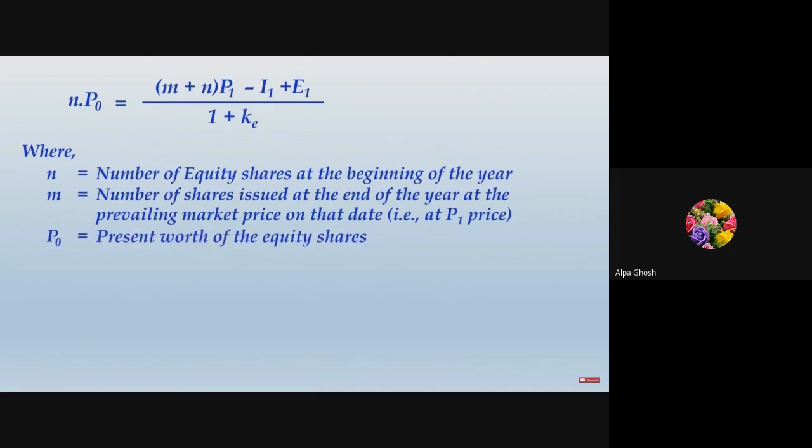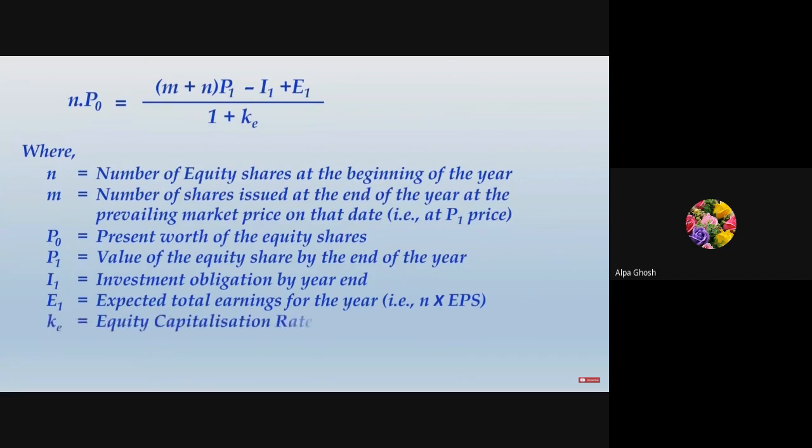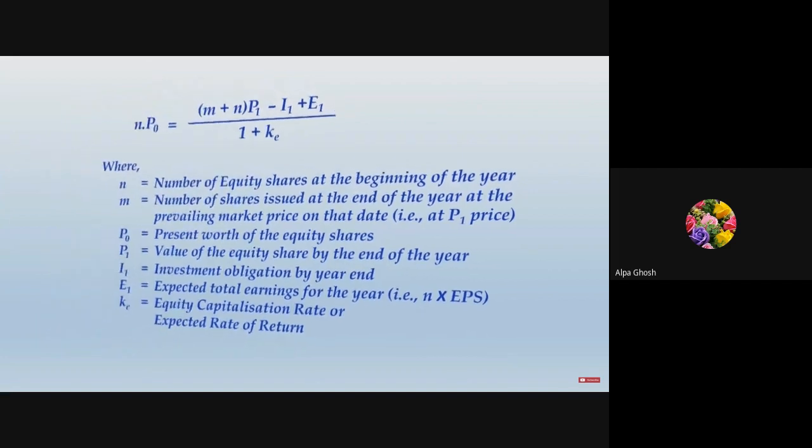Now notice one thing, that here I am defining all the variables, but you have already defined each of these variables in the solution. Once you have already defined, you need not write it again and again. I am showing it over here just for your understanding, that all these variables we have already defined, and the formula also we have written, so there is no need to write this.